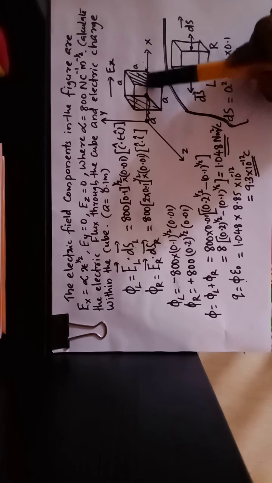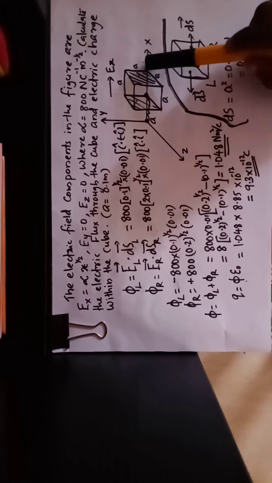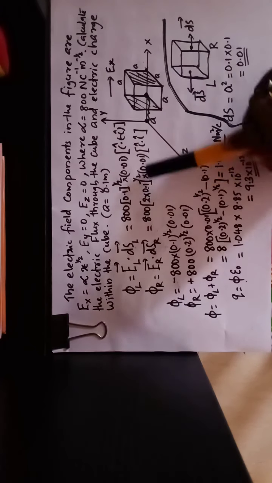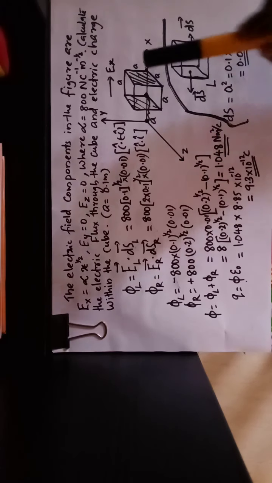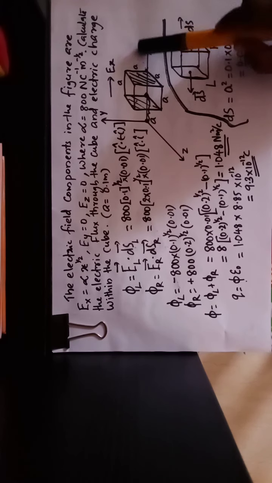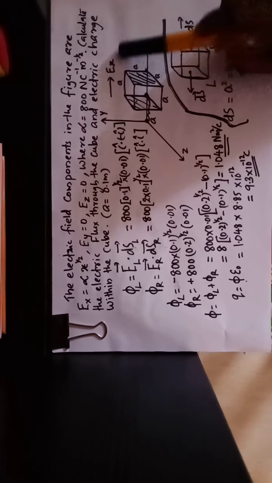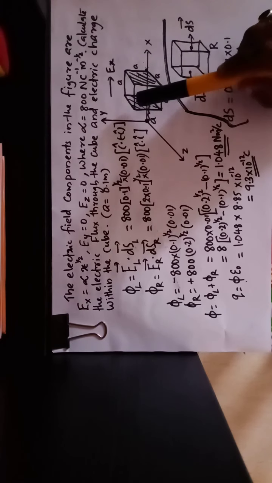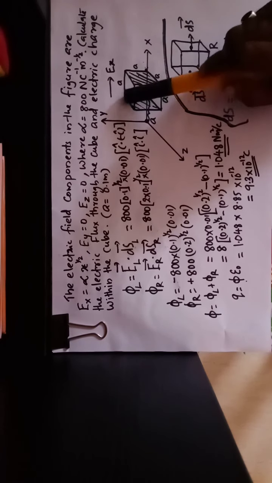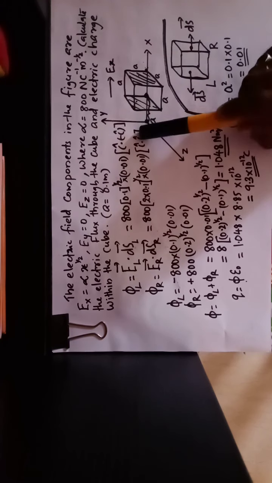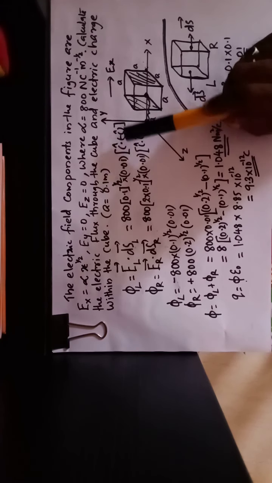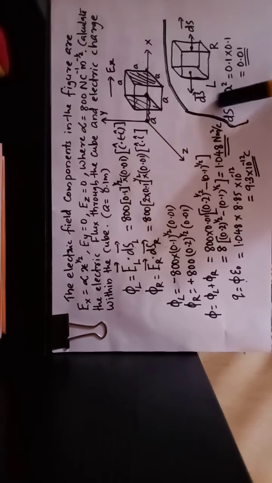This is a and this is a plus a, at a distance of 2a. So 2 into a. Then why is it i dot i here? This is the direction of the area vector, rightward, and electric field is also in the same direction. And for this face, electric field is in the same direction, but area vector is in the opposite direction. That's why we have used i dot minus i. It is clear in this picture.